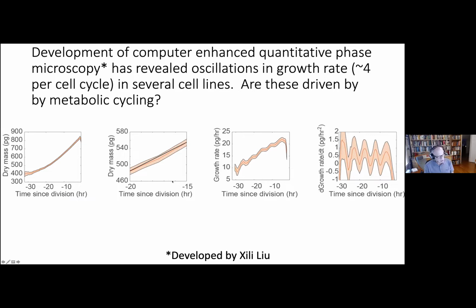But with the increased precision of these methods, we begin to see, if we look at growth rate, some hints of oscillation as a function of time. And then if we look at the derivative of that, we see a very distinct 5-hour oscillation in growth rate, which is initiated by cell division, but which doesn't correspond to any other transition that we know in the cell.